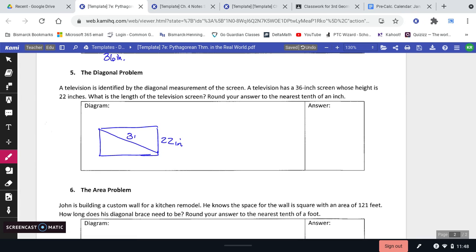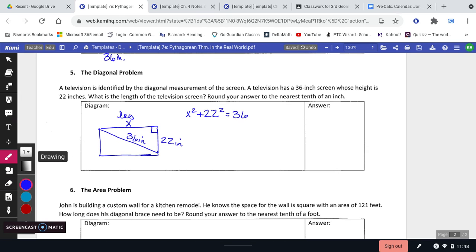So this distance right here. Okay, so there's the screen. We want to know what is the length. So this time we don't know this side, which is one of the legs. You do know the diagonal, so that's your hypotenuse. So this would be x squared plus 22 squared equals 36 squared, and you are solving this.